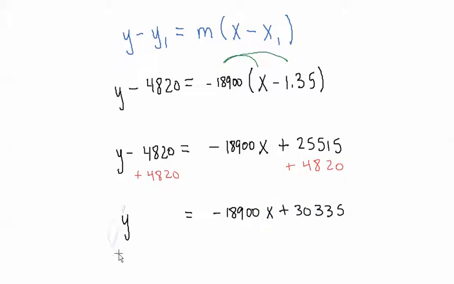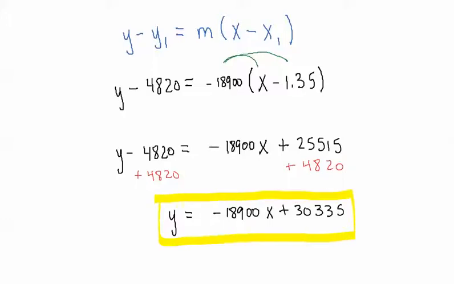And that should look like one of our answers if it's in the slope-intercept form. If not, we'll just go see which form that they wanted it in, and we'll change accordingly.